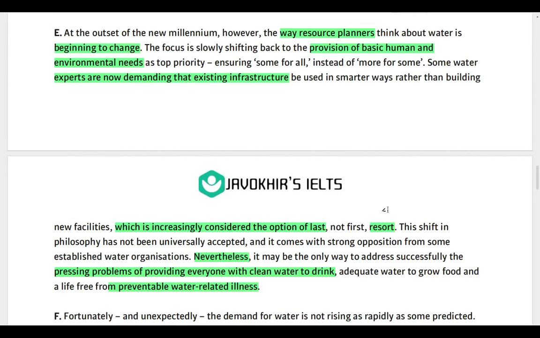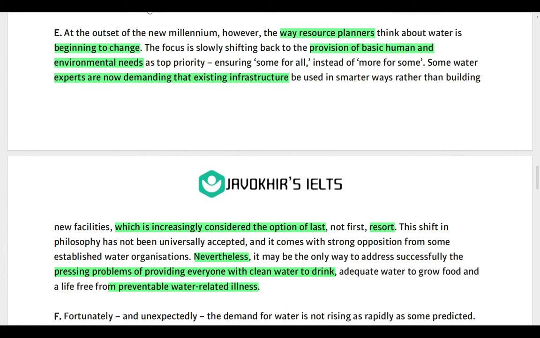So basically, what scientists are saying is that they have to bring back the basic human needs. Instead of more for some, they're choosing some for everyone, meaning an equivalent amount for everyone, shared.